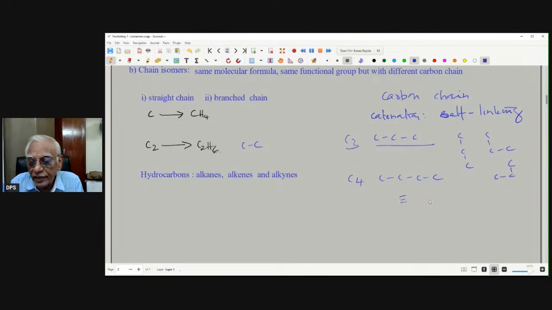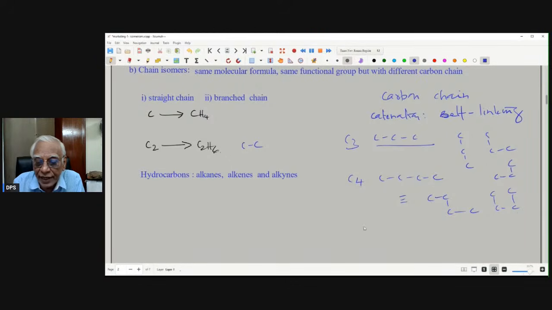It is equivalent. If you start with one carbon atom, you are able to touch the last carbon atom with a single stroke, without returning back. Or you can write it this way also. These are different conformations of the structure of butane.